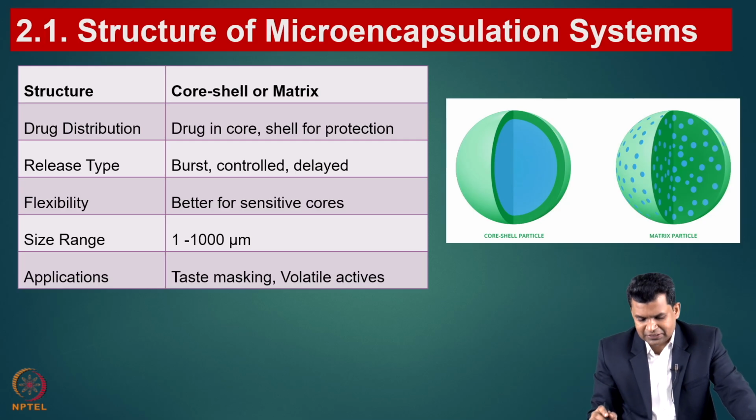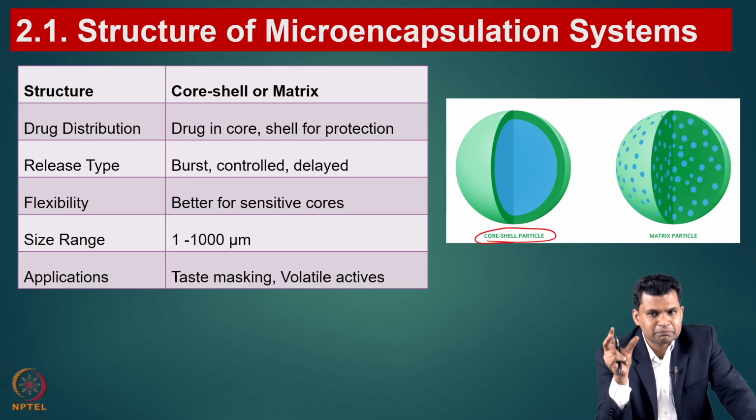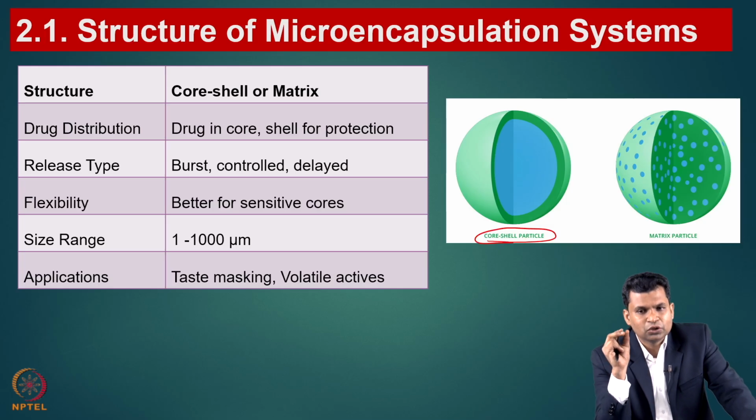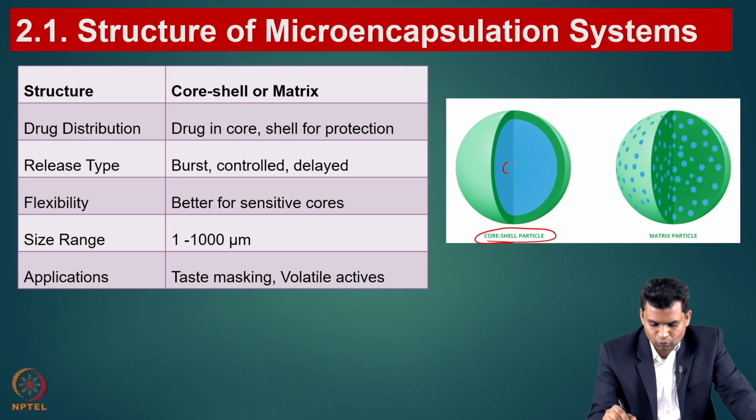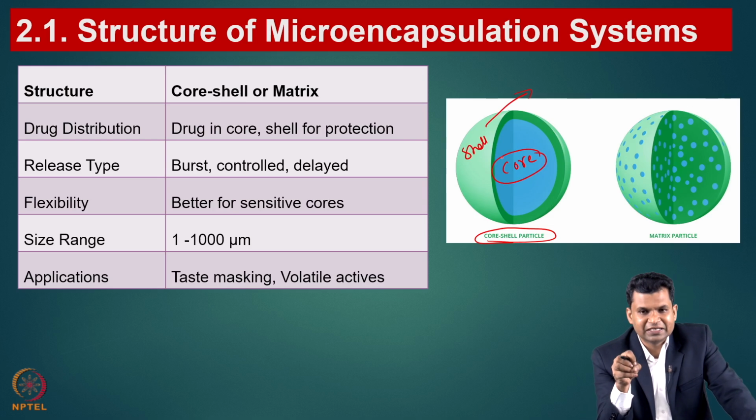So, now here you can see the capsules are nothing but systems which contain two parts within one dose. Here there are two different parts, that is, one is the core and another one is the shell. The shell is made up of polymers, resins and waxes. The core contains the active ingredients.